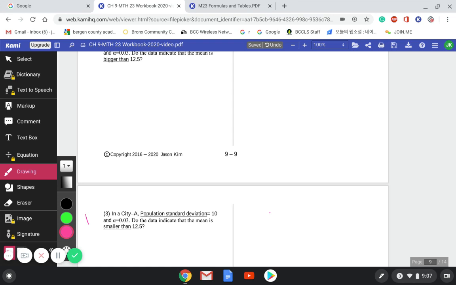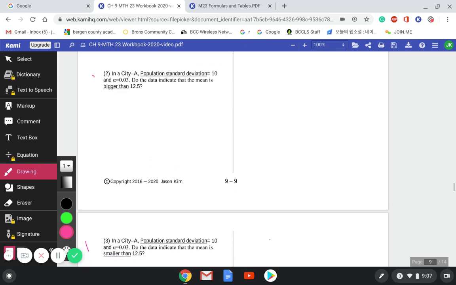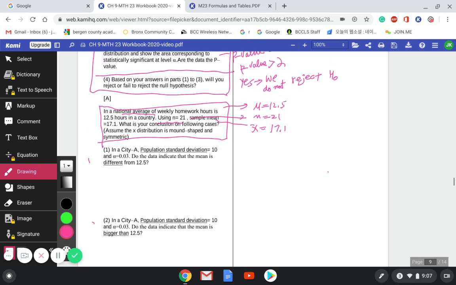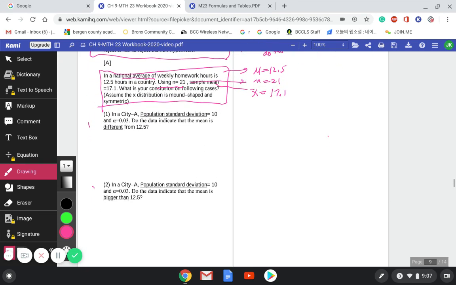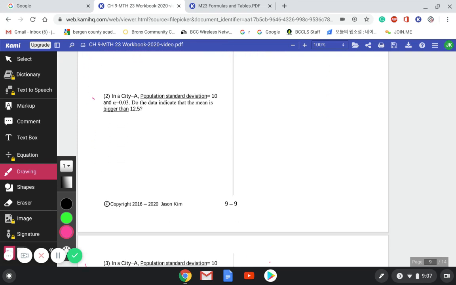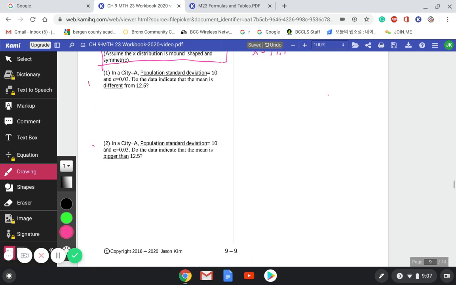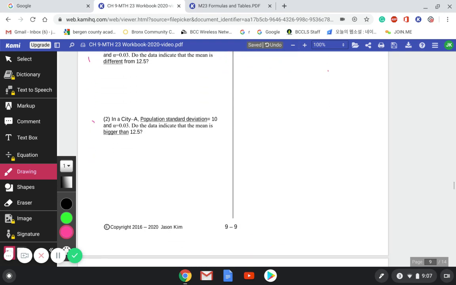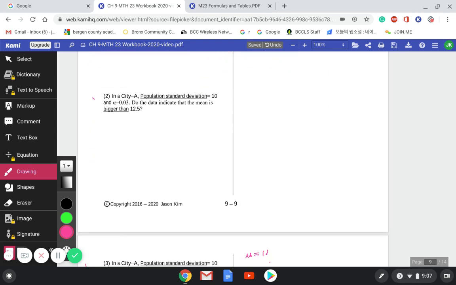Beside the condition they gave us, which again, mu is 12.5, n is 21, x bar is 17.1, I'm going to write that down here. Mu is 12.5, and n equals 21, and x bar equals 17.5.